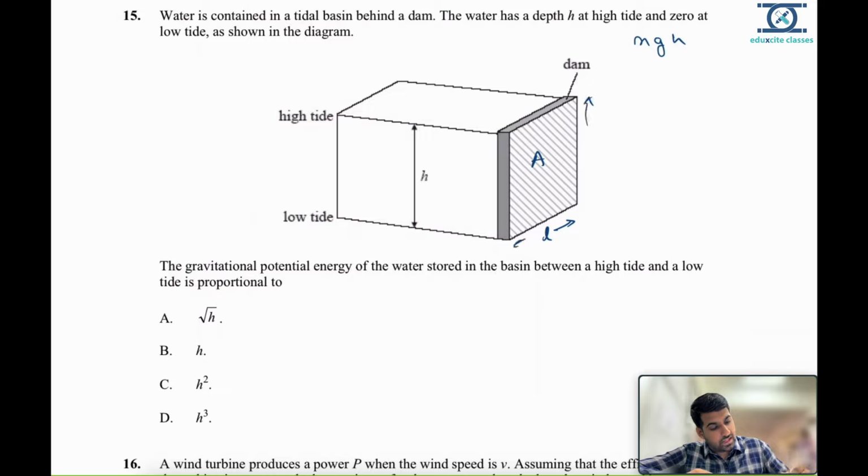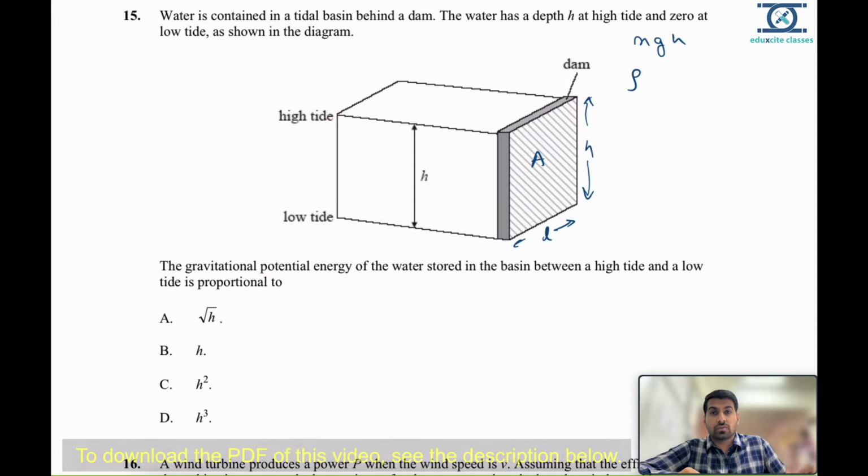And this is the height as is given. So mass can be written as density into volume. Density is mass per unit volume, so it can be written as rho into volume into g into h. This is my gravitational potential energy.